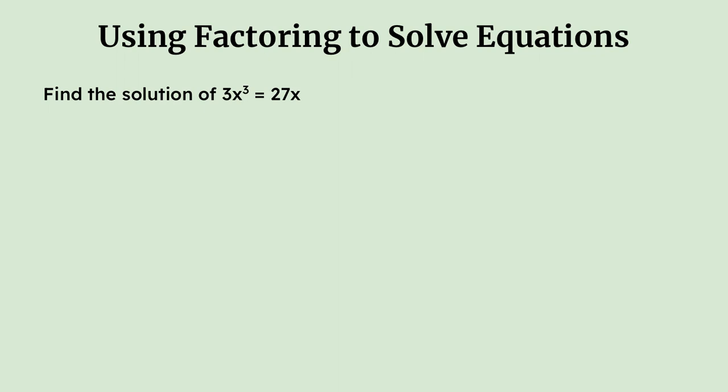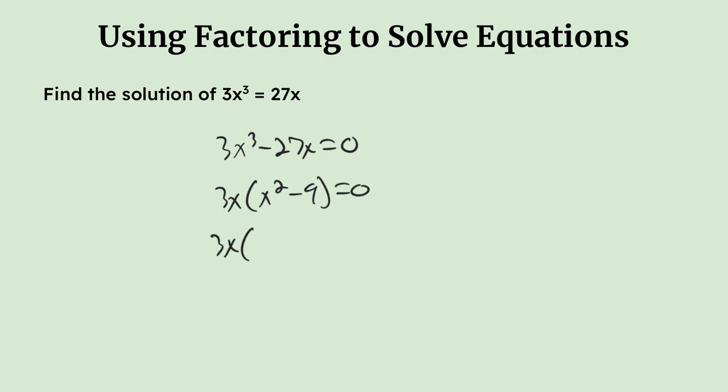Here we would subtract 27x from both sides to get it equal to 0. That's your first step. You've got to get it equal to 0. I see we have a GCF here of 3x. So we pull the 3x out. We're left with x squared minus 9 equals 0. So then we have 3x(x plus 3)(x minus 3). All three of these are zeros.